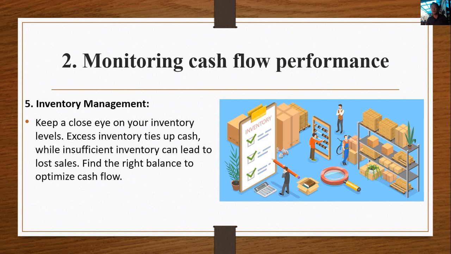And if you do not manage it properly, you may overlook important items in your business, and with that, it might be a lost sale. So that's why you need to closely monitor this area.